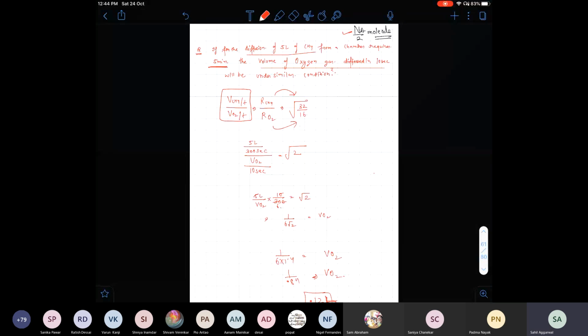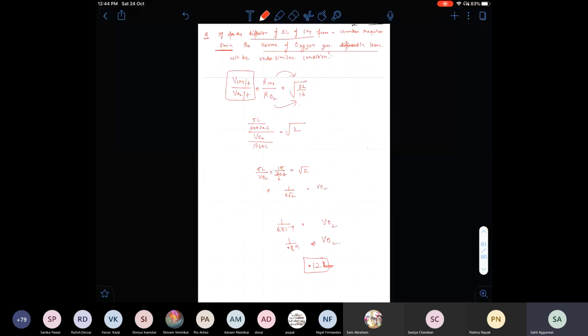Mass of both we know. Rate is given in terms of volume by time. All the volumes and times are given. Put all the values and you will get the answer. Okay, Janil.